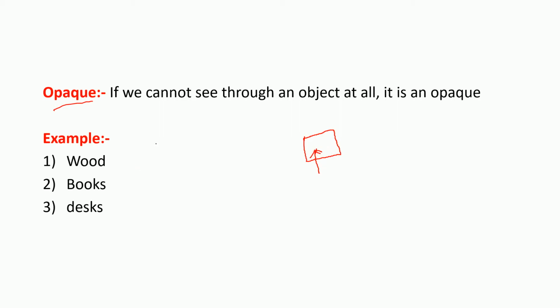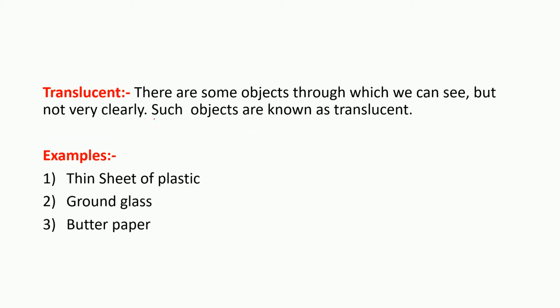Such objects are known as opaque bodies. Examples are wood, books and desks. Even human beings are examples of opaque bodies. In the coming session we will discuss it.